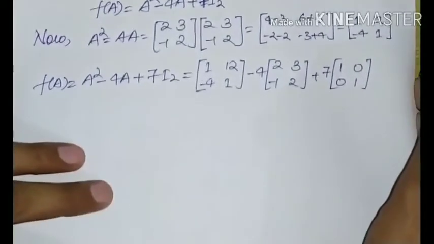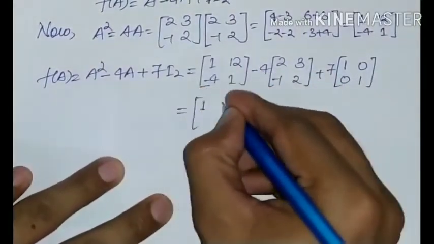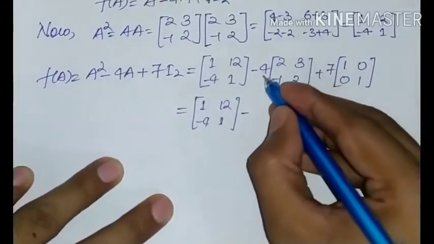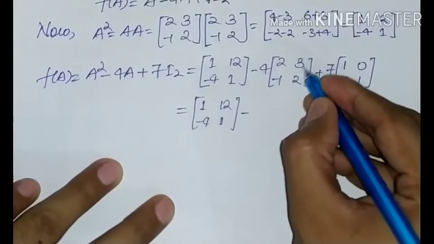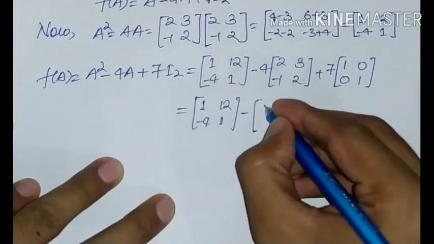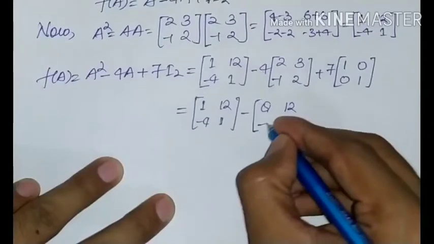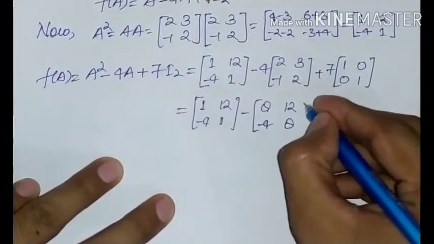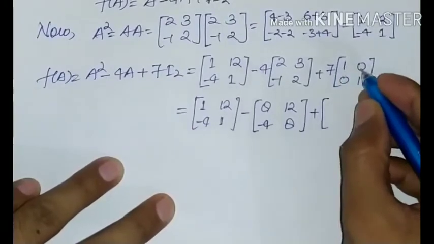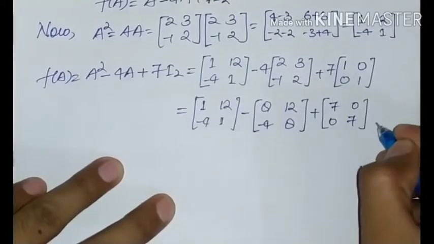Multiplying each term by 4, we get 4 times 2 is 8, 4 times 3 is 12, 4 times minus 1 is minus 4, and 4 times 2 is 8. The minus sign is outside, and plus 7 I2 gives [7 0; 0 7].